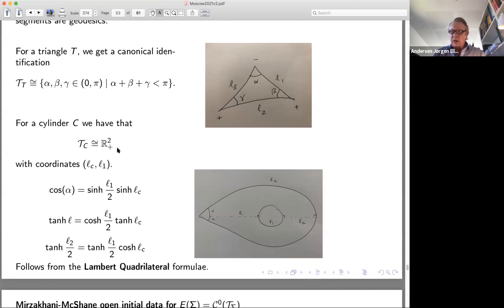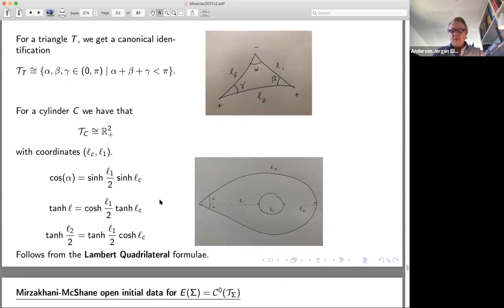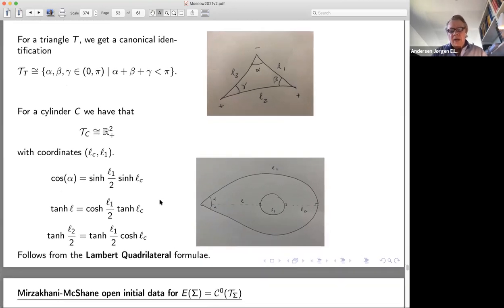It becomes R plus to the 2. All the other parameters you see here are determined by those 2 parameters. And this follows from something called the Lambert quadrilateral formulae in hyperbolic geometry. Very good.